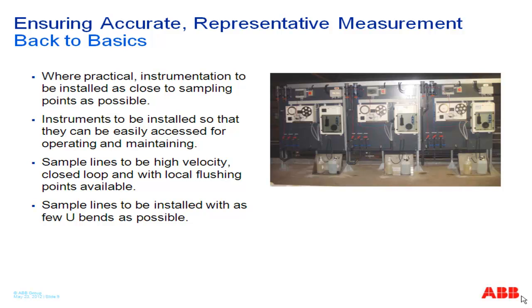Where things like that happen, we need to have good high-velocity sample lines. One of the classic things I see regularly is with instrumentation, you've got a sample running through it and the sample looks okay, but if you've got a series of instruments in line and somebody isolates one instrument to do some maintenance, it changes the velocity through the whole line, and just that subtle change can strip any sedimentation build-up along the line, which comes whistling down and goes into your instruments that are still left online.